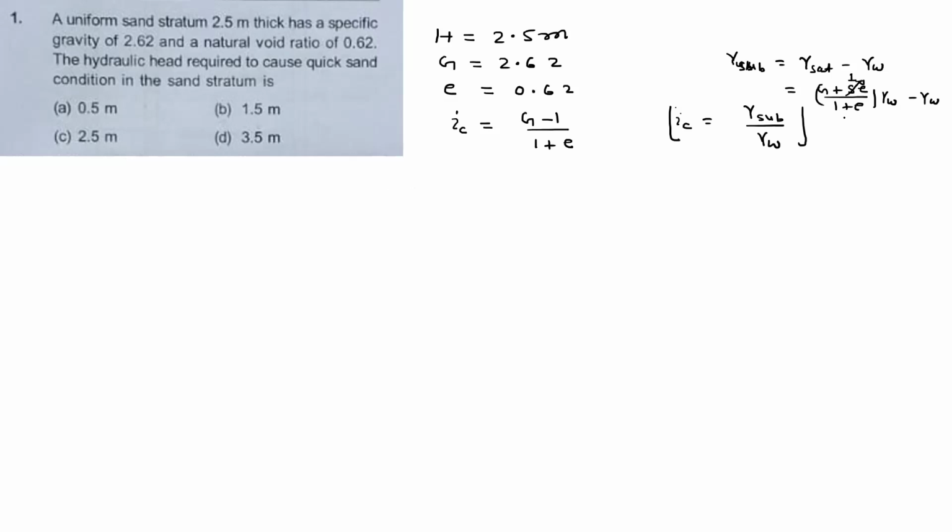So when you solve this, gamma submerged becomes (G plus e) divided by (1 plus e) minus gamma w.